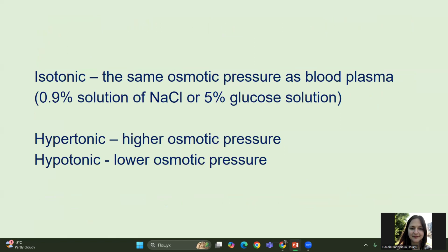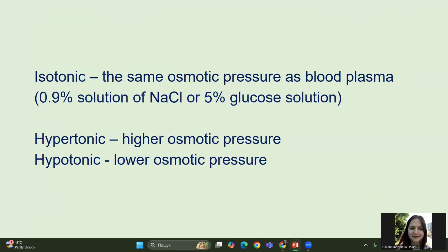Also, according to the osmotic pressure of the solutions, they are divided into isotonic. These solutions have the same osmotic pressure as blood plasma, like 0.9% solution of sodium chloride or 5% glucose solution. Hypertonic has higher osmotic pressure, hypotonic have lower osmotic pressure.